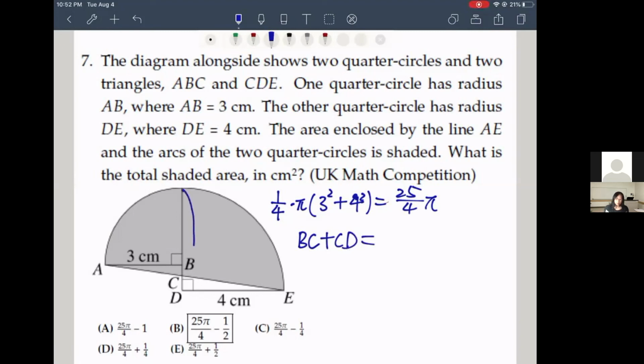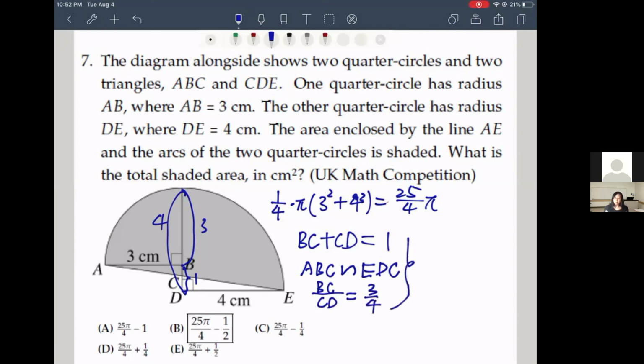We know that this is 3, this is 4, thus BC plus CD is 1, right? So this tiny length is 1. And we also know that the two triangles ABC and EDC are similar to each other. And we know the ratio, BC over CD equals 3 over 4.